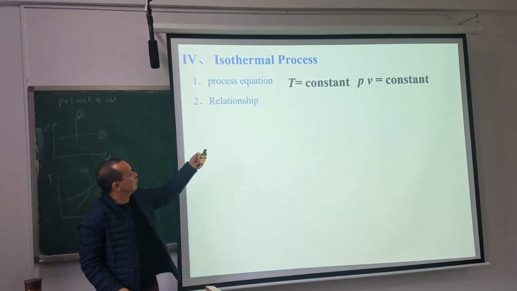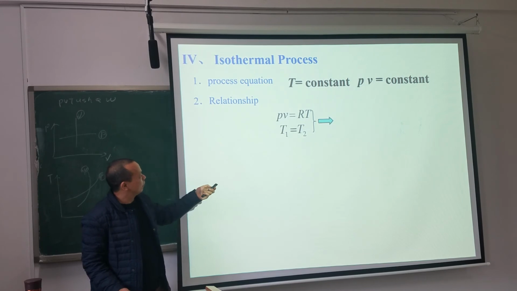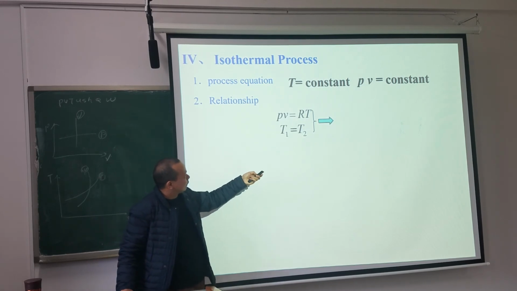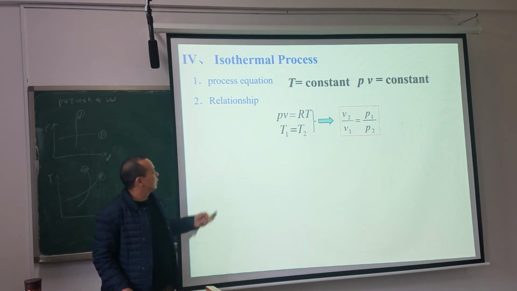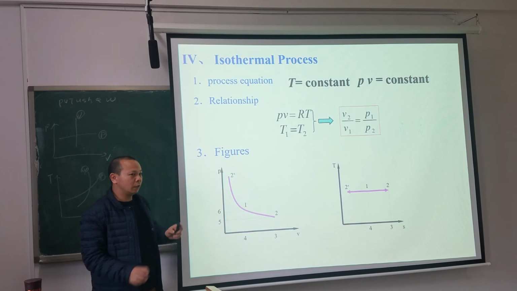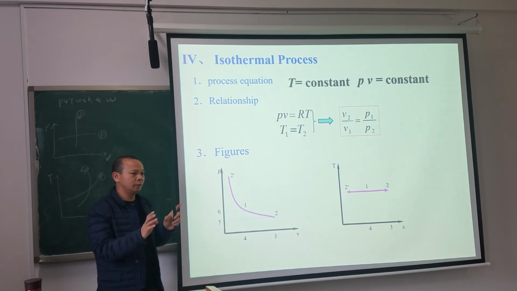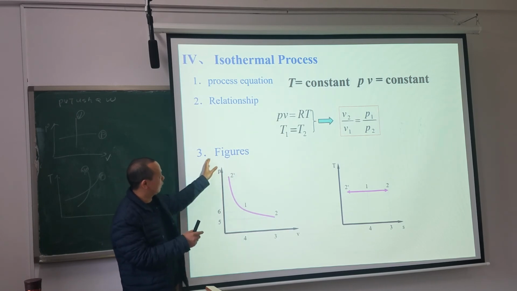This is the process equation, so we can get the relationship between P and V. Because the calculation of Q and W is a bit complicated, we first talk about how to draw the figure.